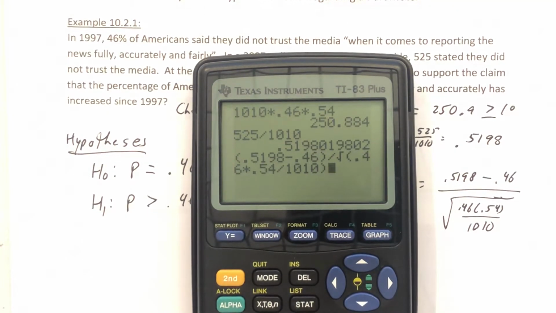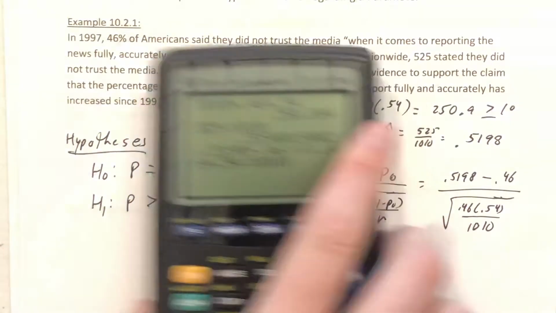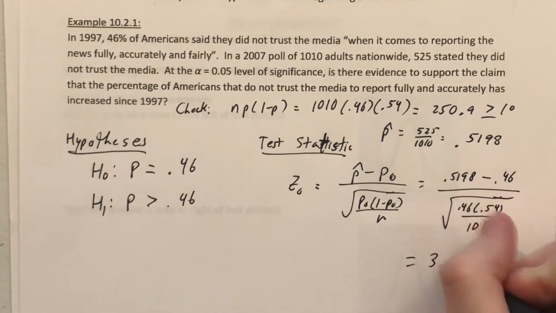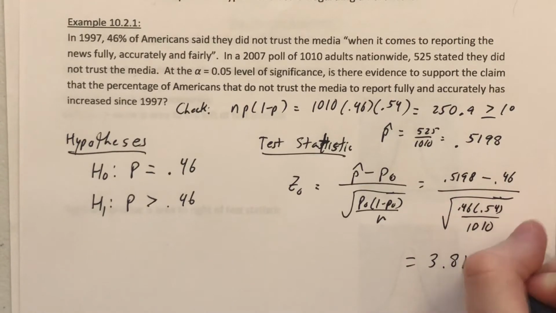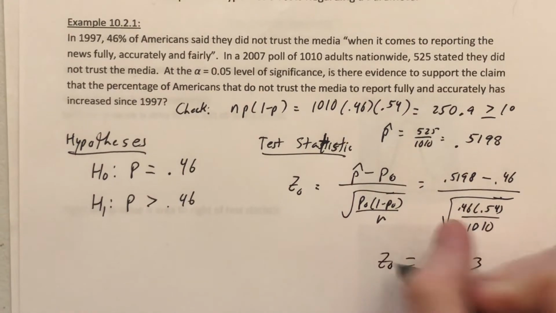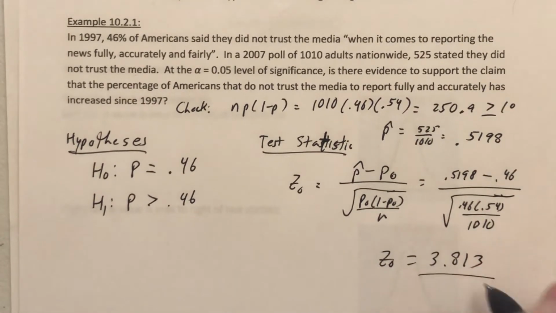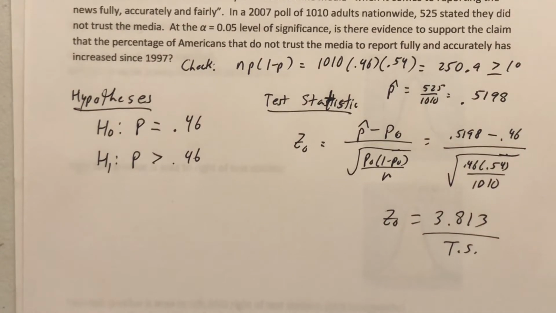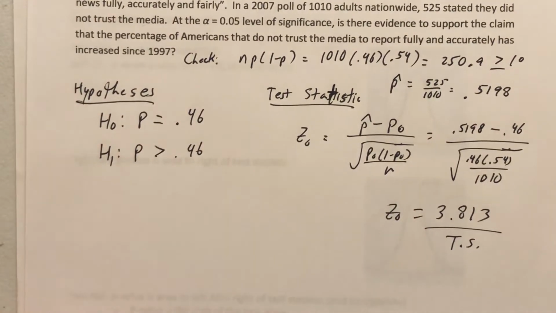You really don't need to overuse parentheses there in the denominator if you don't want to, given that order of operations would take care of the computing correctly. And so that comes out to be 3.813. We'll take that to 3 places because remember, this is a z-score really. And so that is our test statistic. I'll abbreviate that TS just as a reminder.